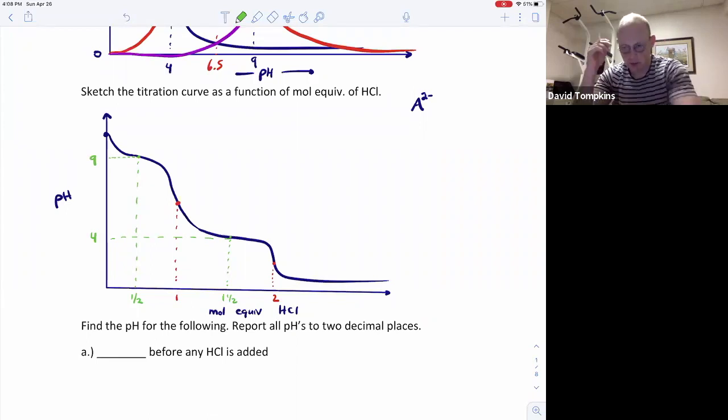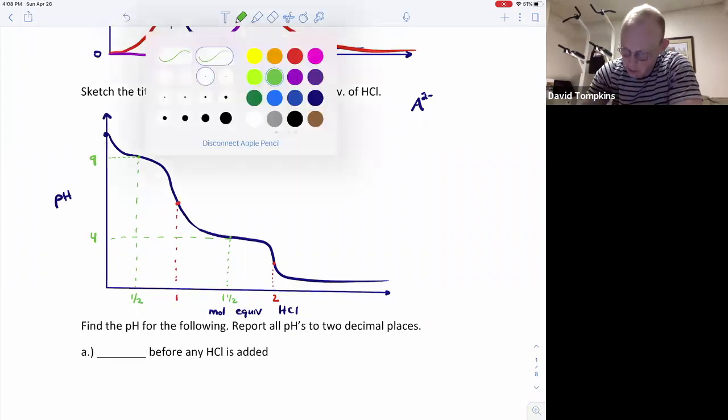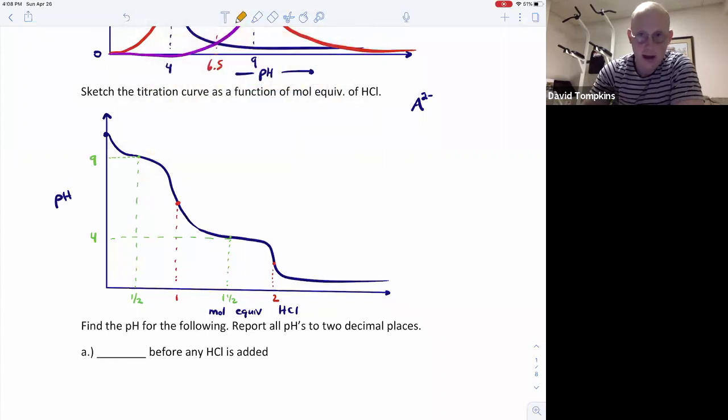And remember that the best way to solve these problems is simply to think about where you're at on the curve. The first region is when you have A2 minus by itself, before you add any titrant at all. When that's just by itself in water, that's going to be a Ka1 ice table problem.